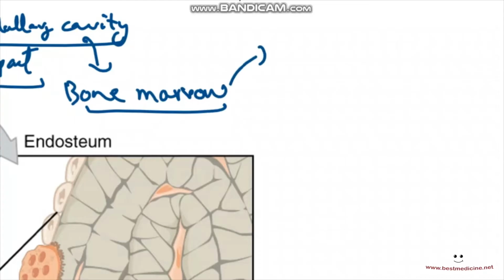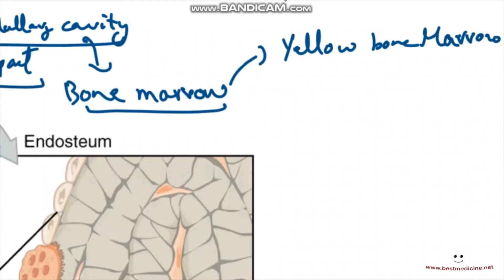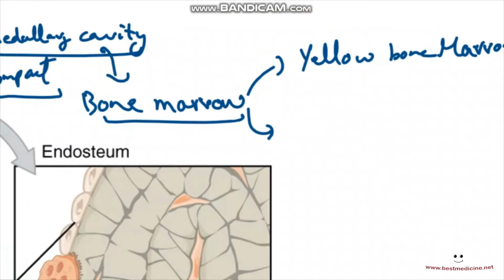Okay, there's two kinds of bone marrows. Who knows the two kinds? Well, first of all, we have the yellow bone marrow, right? And then we have one of the most important things in our body, red bone marrow, right?